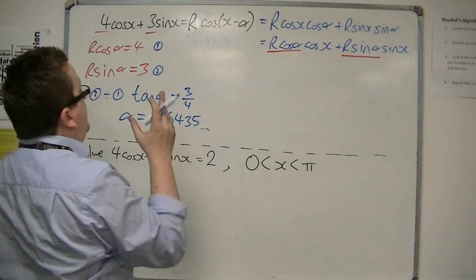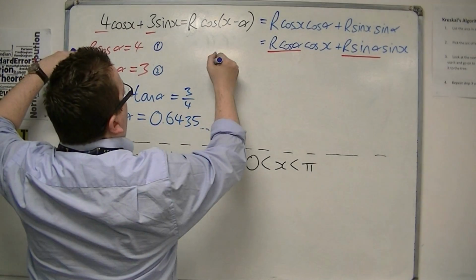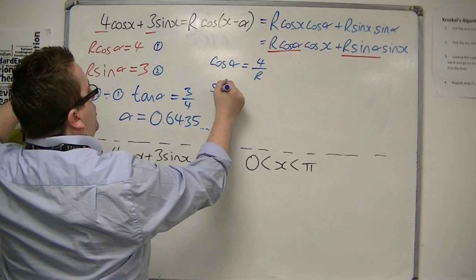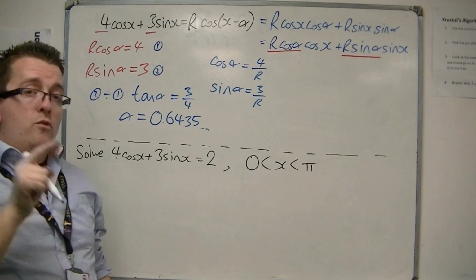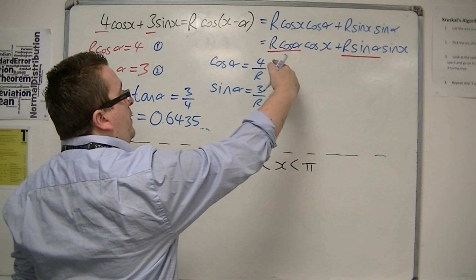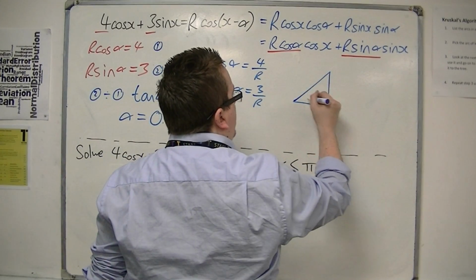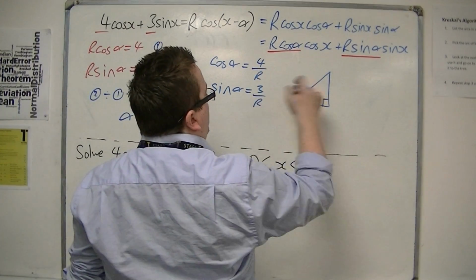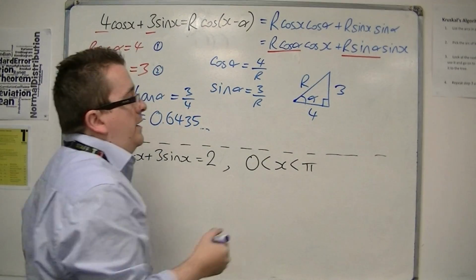Now, to find r, if I rearrange this equation to get cos alpha is 4 over r, and this equation to get sine alpha is 3 over r, then remembering that sine is opposite over hypotenuse and cosine is adjacent over hypotenuse, I can write these in a right angled triangle where the angle's alpha, the opposite is 3, the adjacent is 4, the hypotenuse is r.